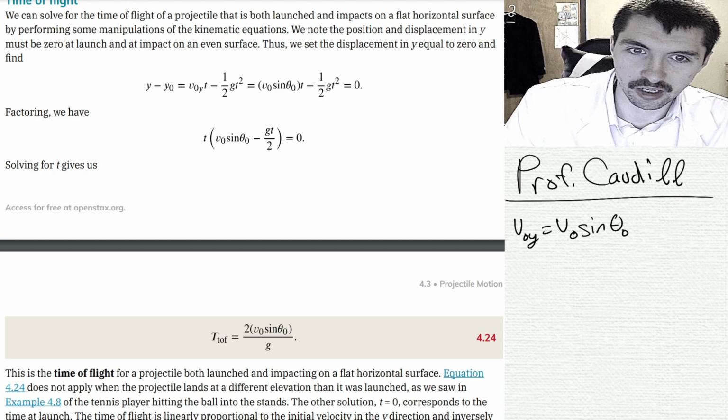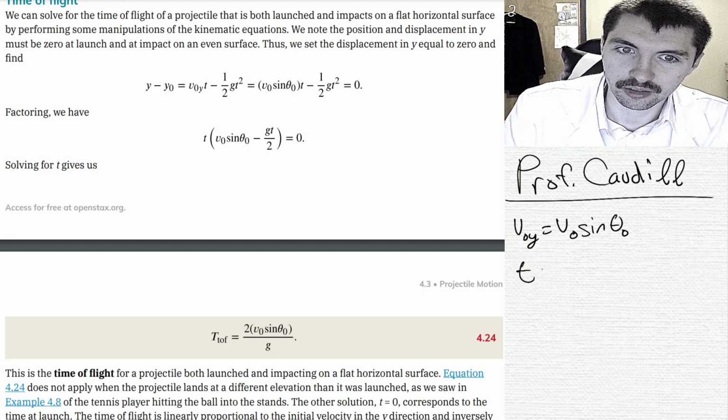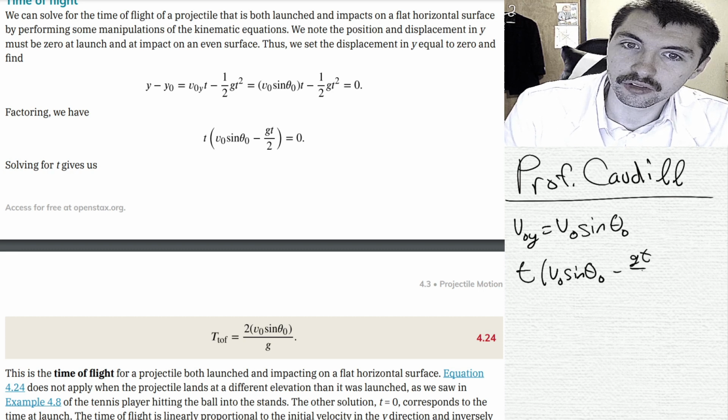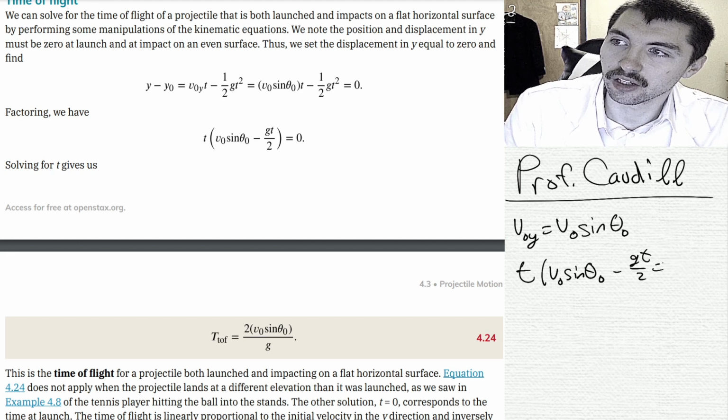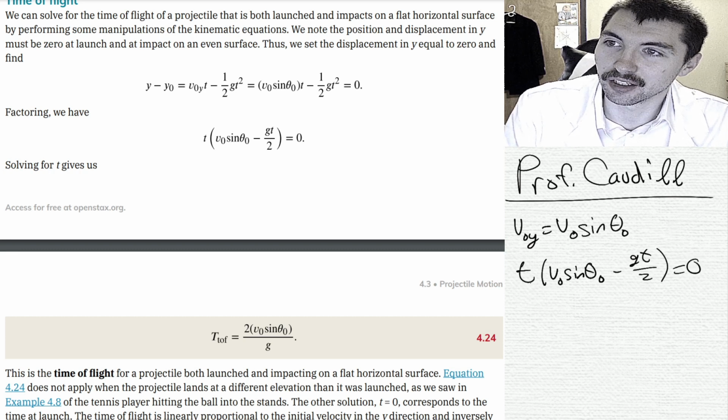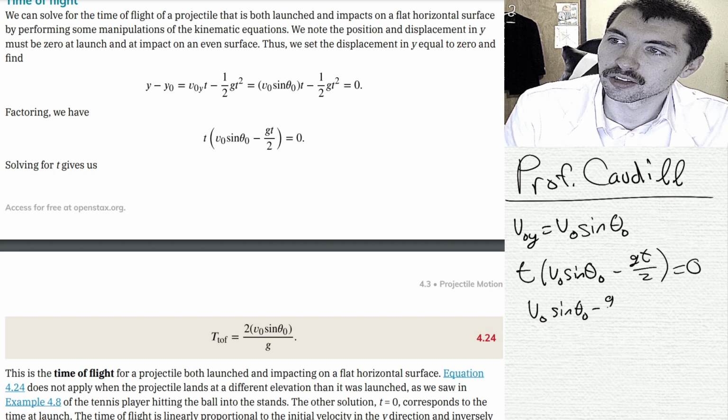So I have no idea how they solve this for t. Instinctively, I'm thinking, okay, multiply t times both sides. So v naught sine theta minus g t over 2 equals 0.